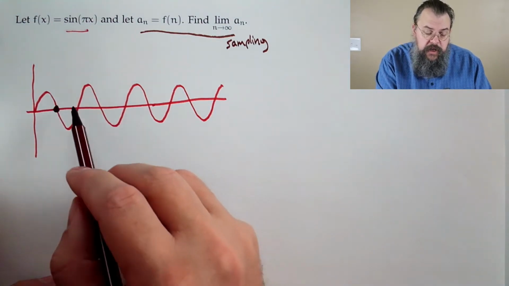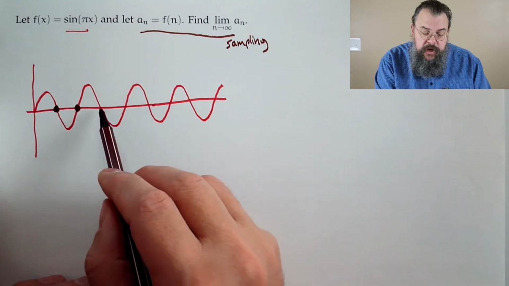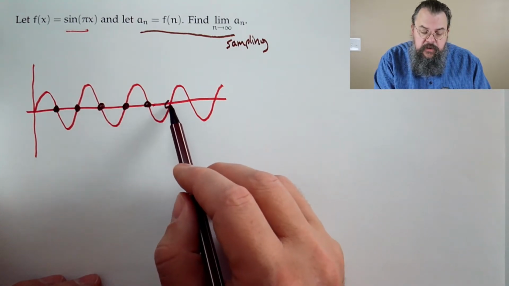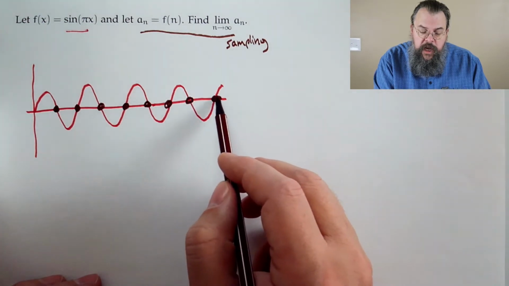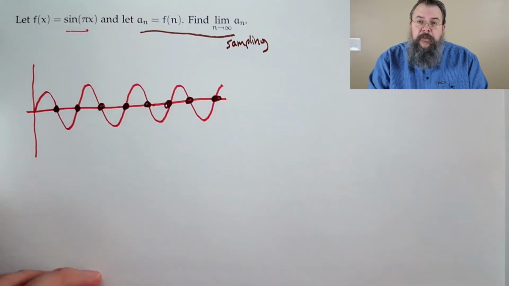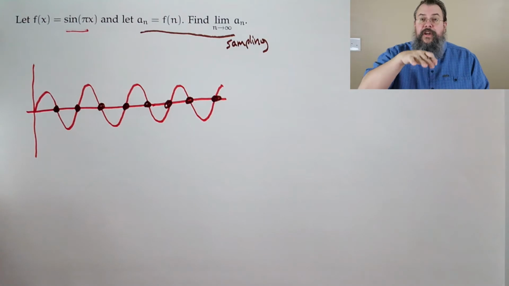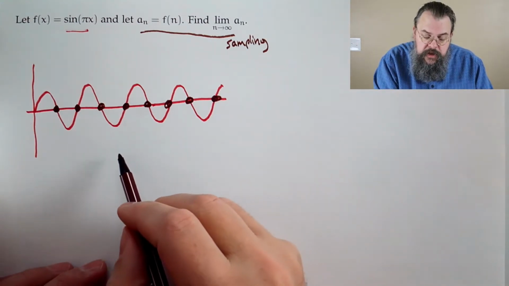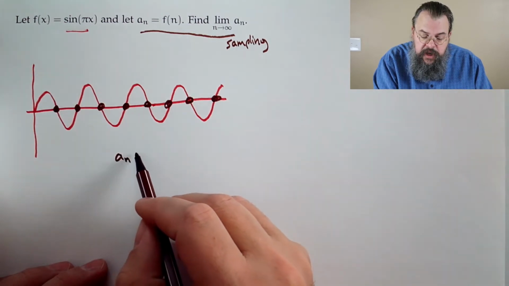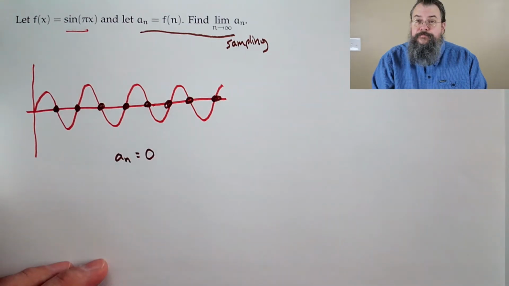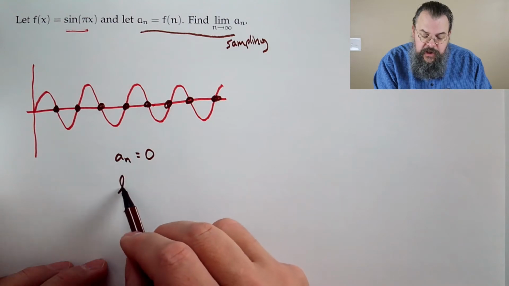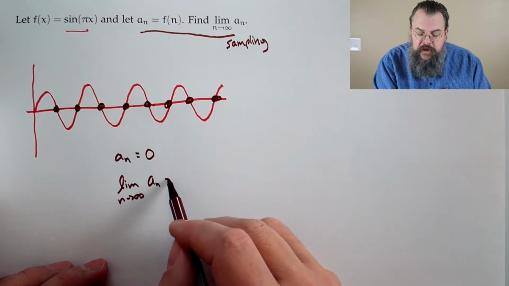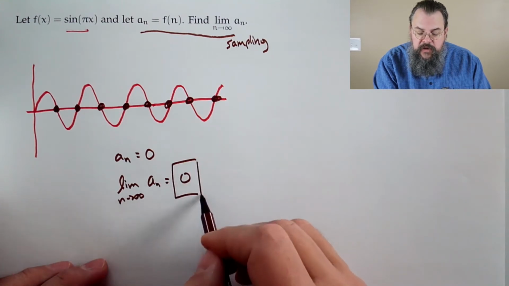Sine of 2 pi is 0. Sine of 3 pi is 0. And 4 pi, and 5 pi, and so forth and so on. So what happens is that when we sample, even though the function from a continuous perspective is going up and down, what we really have is, aha, a sub n is 0. And so our limit as n goes to infinity of a sub n will also be 0.